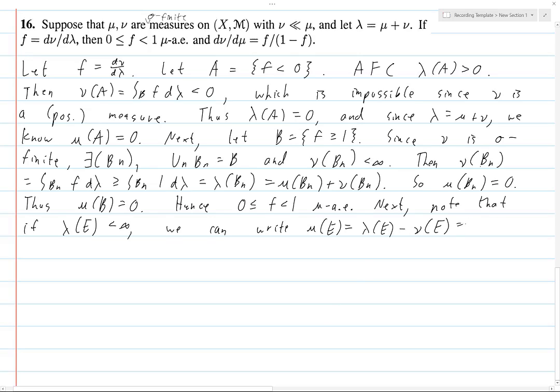And so, what is this? Just by definition, this is the integral of 1 d lambda minus the integral of f d lambda. But then we combine these integrals into one, and get the integral of 1 minus f d lambda. Alright, so that will give us what we want at the end, but this is only for the case of lambda E finite.